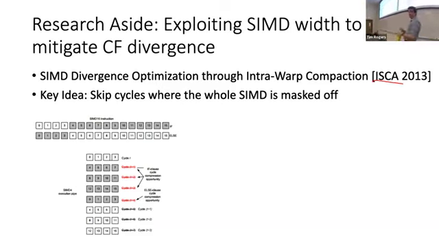If you know that a particular section of the code will have control divergence, can't you increase the warp size for that particular section? Warp size is fixed. The hardware needs to have a consistent warp size for a whole bunch of reasons. The coalescing granularity needs to be burned into the hardware. The number of beats it takes to do each of these instructions needs to be burned into the hardware. You cannot have a fungible warp size at runtime.